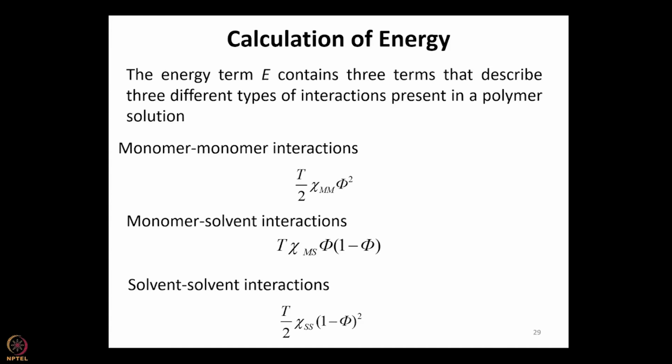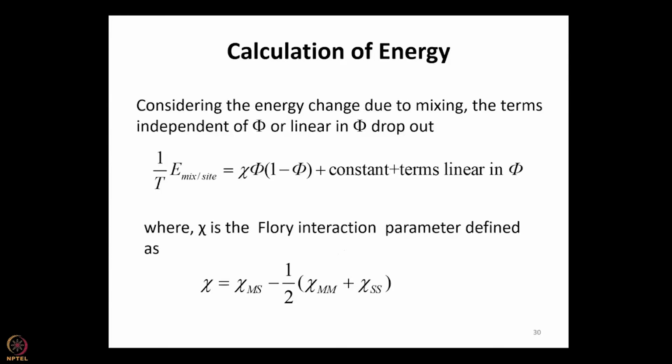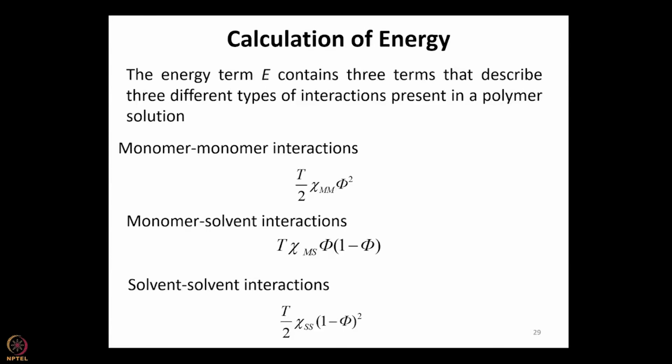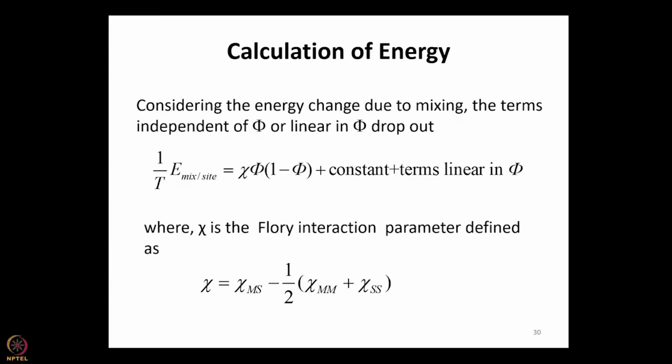There are three terms. What I do now is add all these terms together and keep the term which is linear. The maximum contribution comes from the monomer-solvent interaction, phi times (1 minus phi).